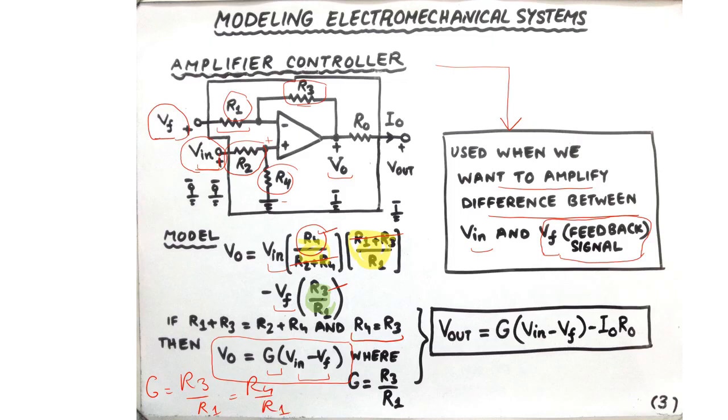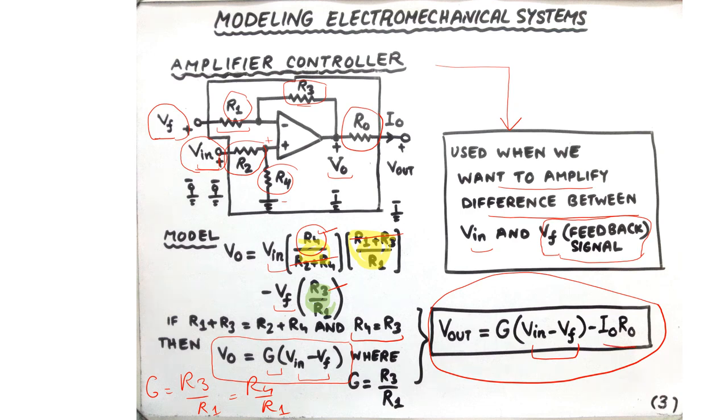The output of the amplifier controller must subtract the voltage drop across its output resistance R0. Therefore, we say that V out is the amplified difference of the two input voltages minus the voltage drop across the output resistance R0.